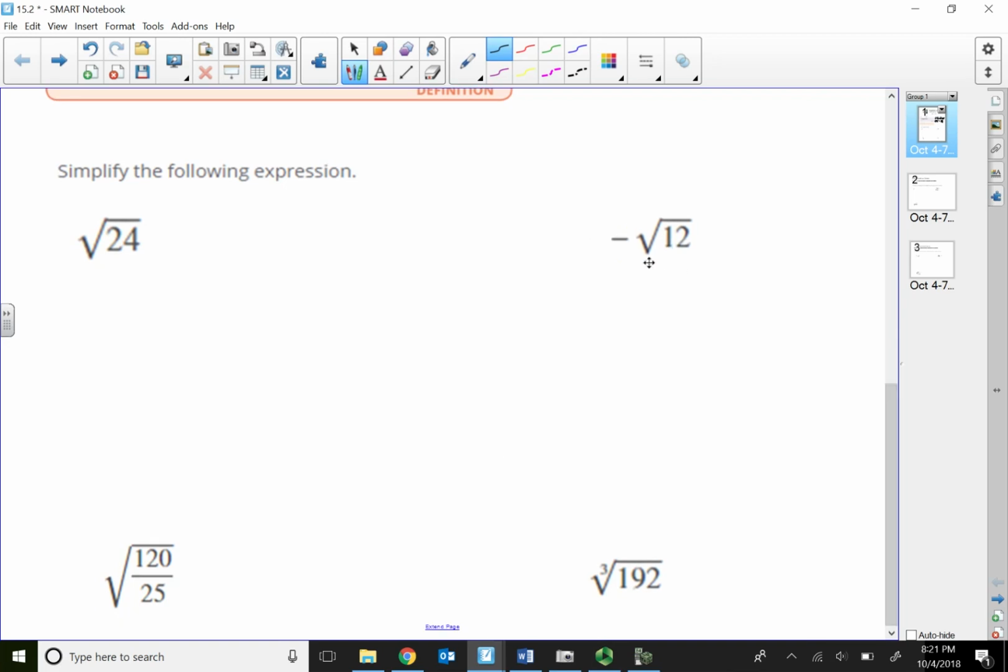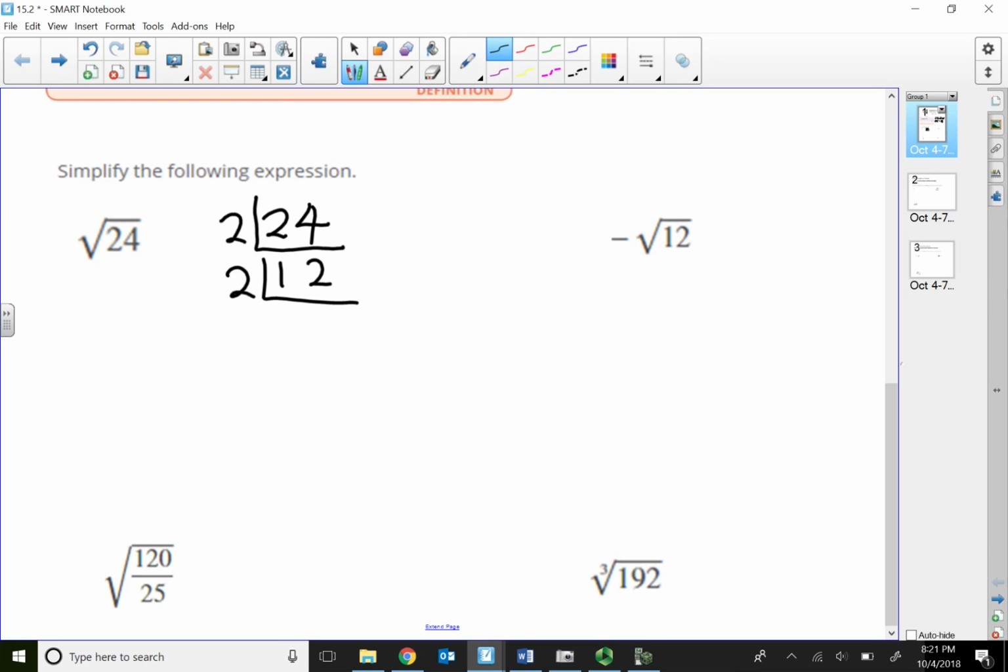One of them is simply to look at your radicand and break it down using prime numbers. If I use the prime number 2, because what prime number can go into 24? 2 can and 3 can. 2 can go into 24 12 times. 12 can be broken apart using prime factorization by 2 or 3.